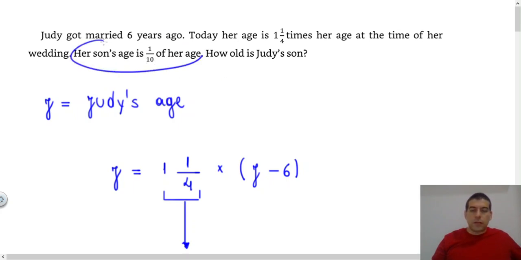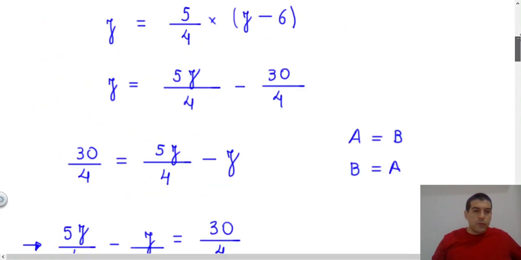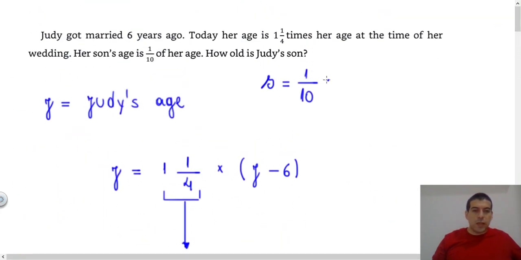So if I call, for example, Judy's son's age S, I know that S will be 1/10 of Judy's age that we found, that is 30, okay? So her son's age will be 1/10 of 30. I can cancel the zeros here, and I have 3 divided by 1, that will be 3. So the age of her son is 3 years old, okay?